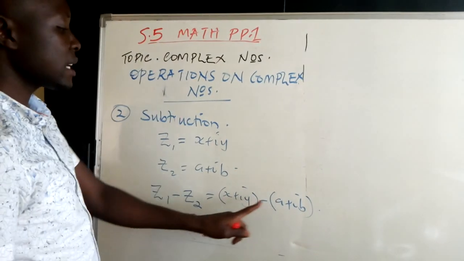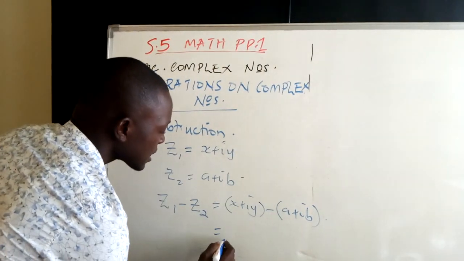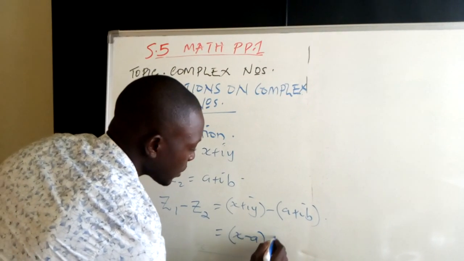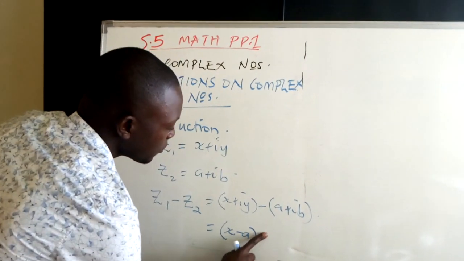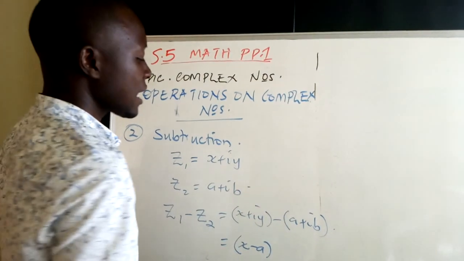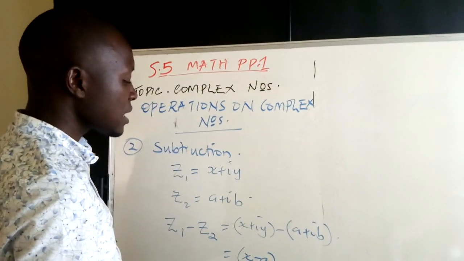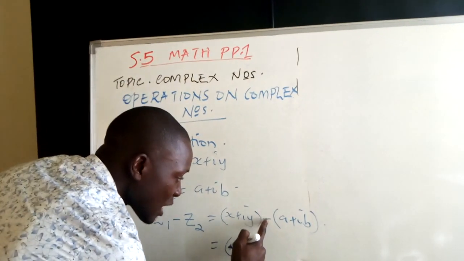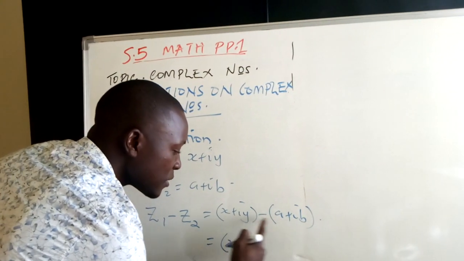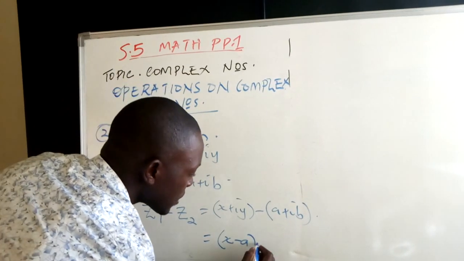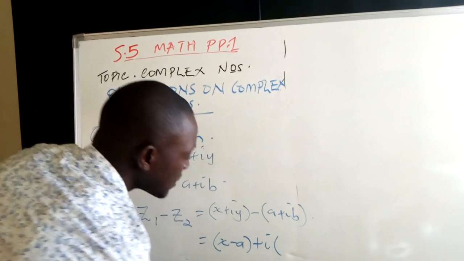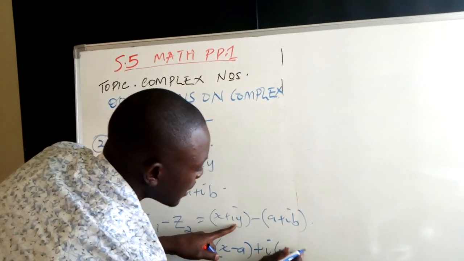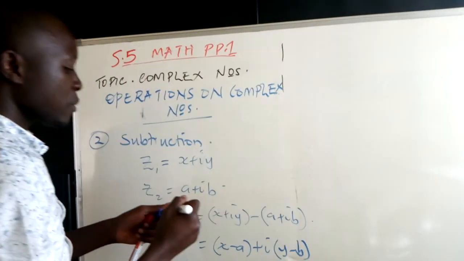We look at the real parts of the two and we subtract them, that is x minus a, plus i, and we then subtract the imaginary parts of the two complex numbers.